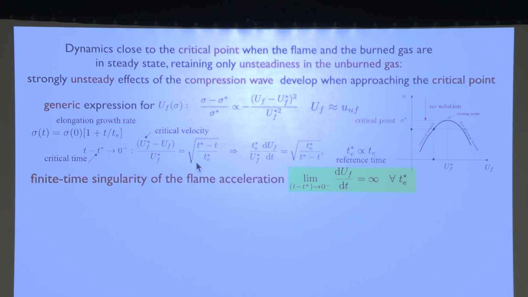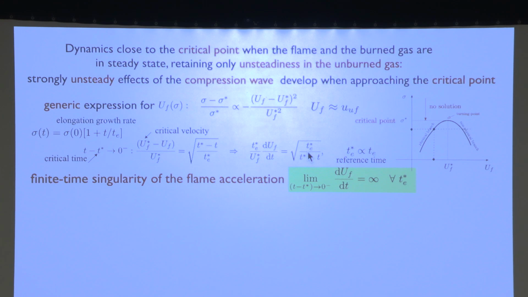Now, if you take the derivative of that, by derivation you obtain that the acceleration of the flame is going to diverge, becomes infinite at this moment.